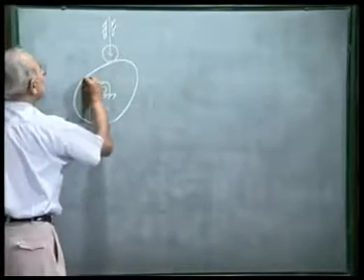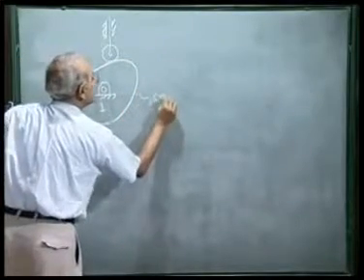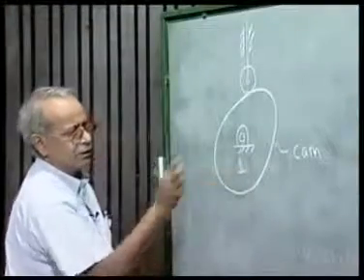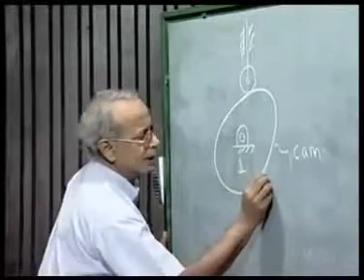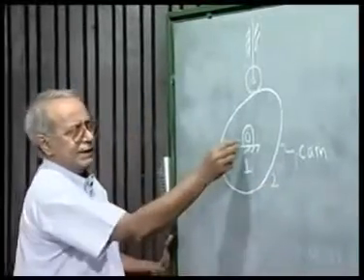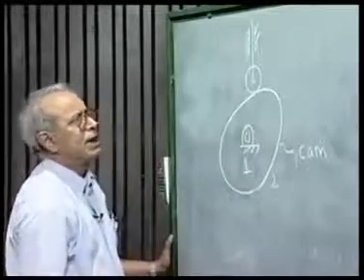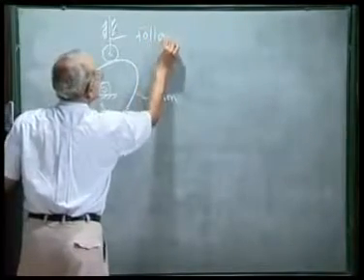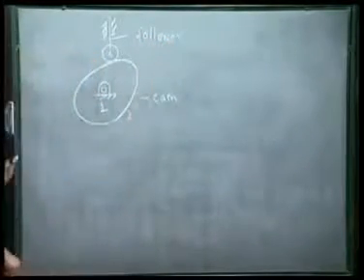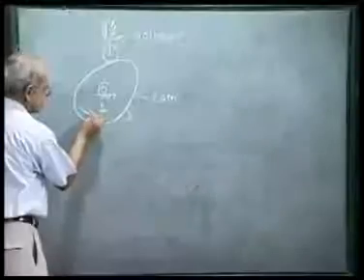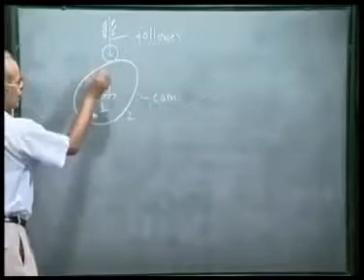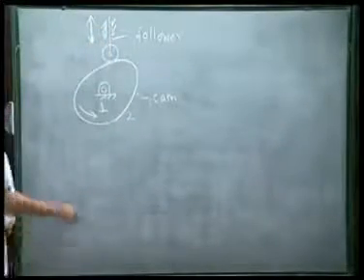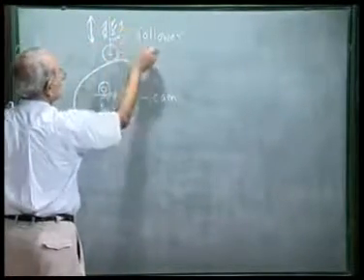This profile body is called the cam. This has a revolute pair with the fixed link, that is the foundation, which I call link number 1. So cam is link number 2. There is a revolute pair between 1 and 2. And this is the output member, which is the follower. And as we see, if this cam rotates, depending on the profile or shape of the cam, the follower will have translatory motion along this prismatic pair between 1 and the follower.